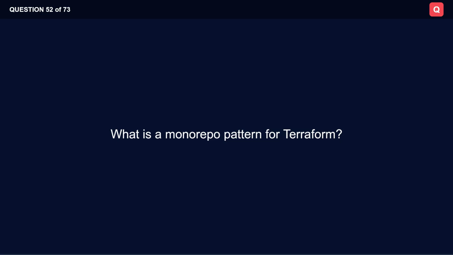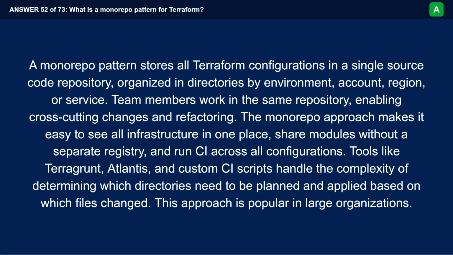What is a monorepo pattern for Terraform? A monorepo pattern stores all Terraform configurations in a single source code repository, organized in directories by environment, account, region, or service. Team members work in the same repository, enabling cross-cutting changes and refactoring.